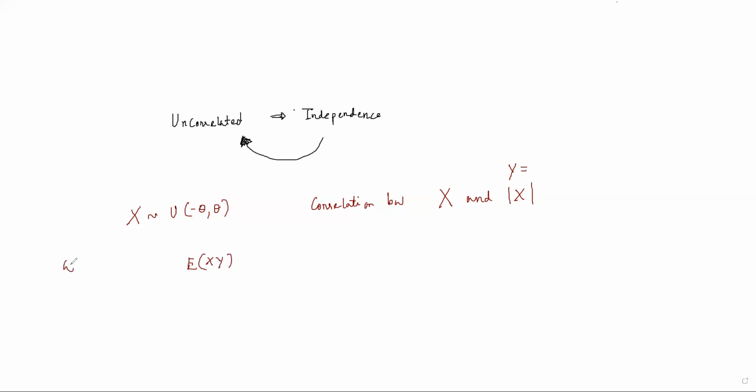For the correlation, you have to find the covariance of X and Y, and the variance of X and variance of Y. Variance of X is pretty easy because it's a standard continuous distribution.